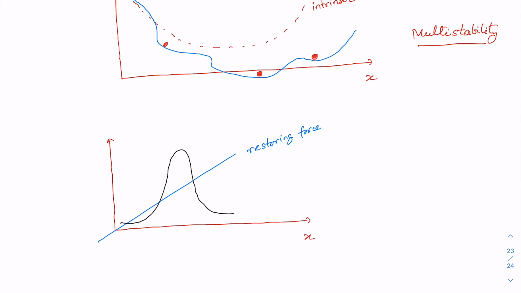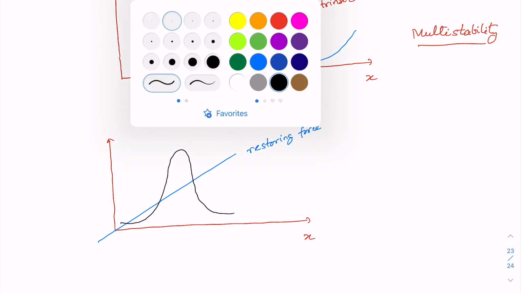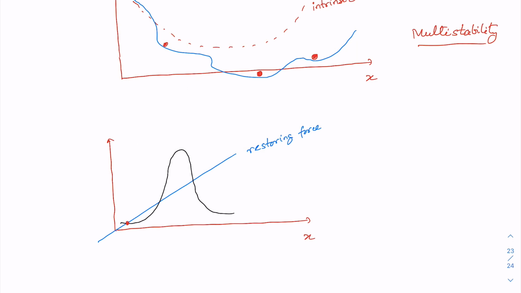As you see, there are 3 points, say this is point A, another point B, and this point C. At these positions, the radiation pressure force balances the restoring force. So at points A, B and C, the restoring force and radiation pressure force are equal.